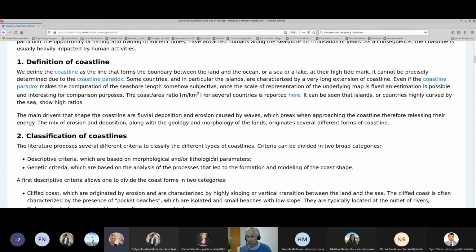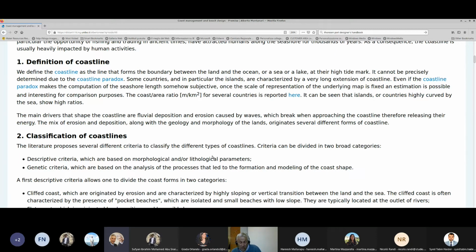Now, the coastline is the line that forms the boundary between the land and the ocean, and it cannot be precisely determined, also because, for the fact of the tides, the coastline is flexible, it's not fixed. And we try to get a map of the coastline by referring to average conditions.